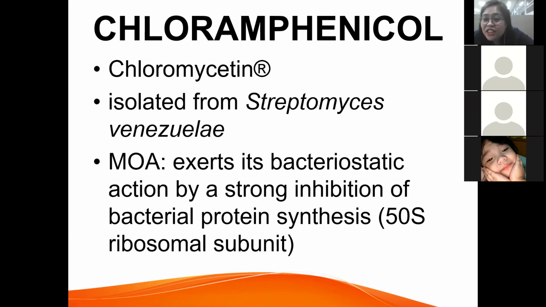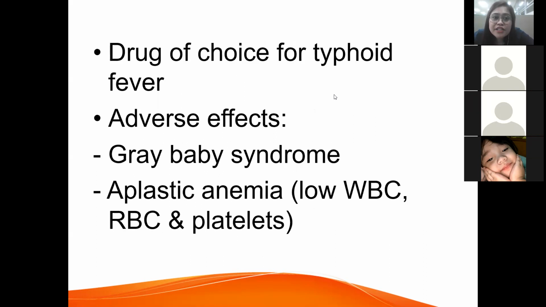And kauban siya dito sa 50S, meaning chloramphenicol is a protein synthesis inhibitor specifically at the 50S ribosomal subunit. Now, what do you need to know about chloramphenicol? Take note, please add kasi hindi ko siya nilagay sa slide ko. It is the former drug of choice for typhoid fever.